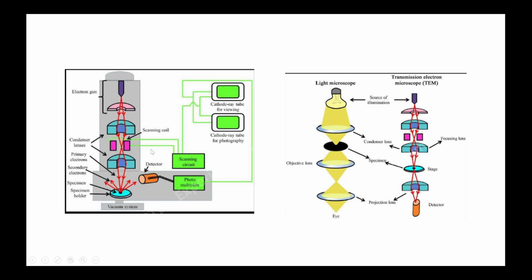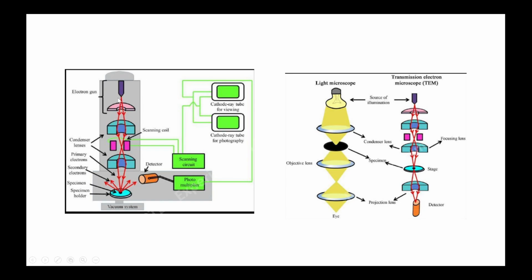The charged electrons can be focused under the magnetic field. So, these are the large magnets that are present below the electron gun. So, this is the diagram for a scanning electron microscopy, and this is a diagram for transmission electron microscopy.